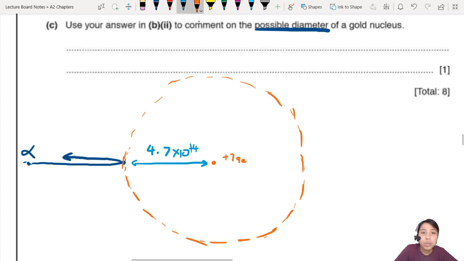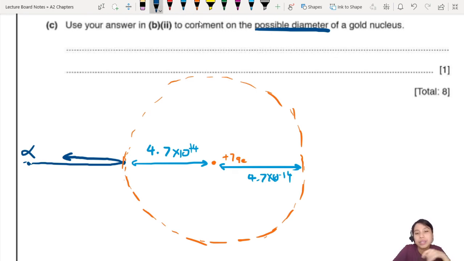So if you want to find the radius, the diameter of the nucleus, then here is 4.7 times 10 negative 14. So this 4.7 is the maximum possible radius of the gold nucleus. It cannot be bigger, because after that you're going to have collisions, okay?